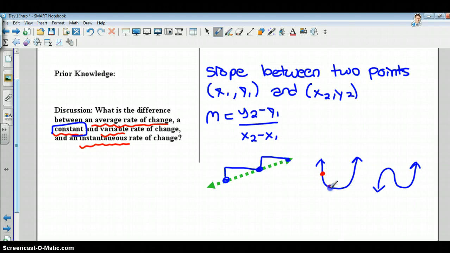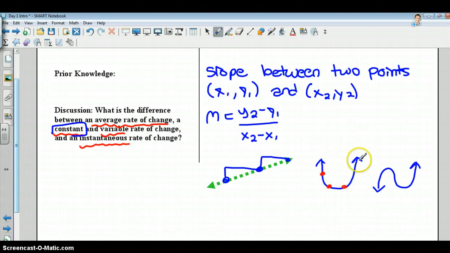Because if I try to take the slope between those 2 points, and then maybe the slope between these 2 points, notice how steep it is and in a negative direction. And then notice the distance between these 2 points. If I find the slope between those 2 points, that looks like a horizontal line to me. So I'm going to have 2 different slopes, but they're supposed to be the same slope for this one curve, right? Not the case.